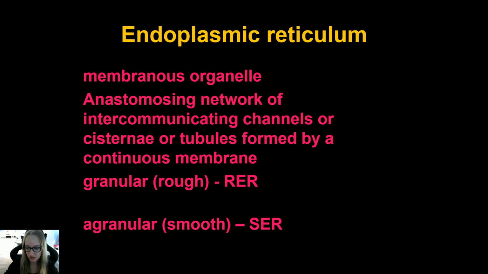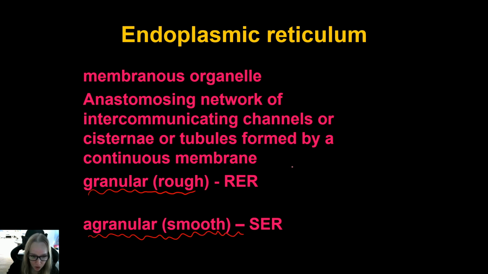These channels are cisternae or tubules, and they are all connected with each other. Everything is connected. And we differentiate granular or rough endoplasmic reticulum and agranular or smooth endoplasmic reticulum.